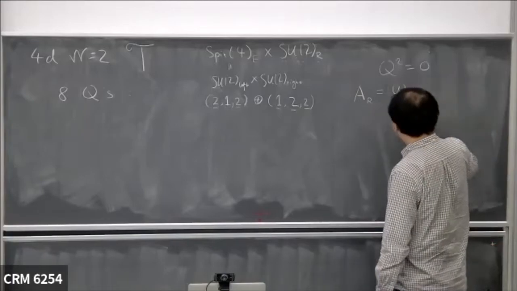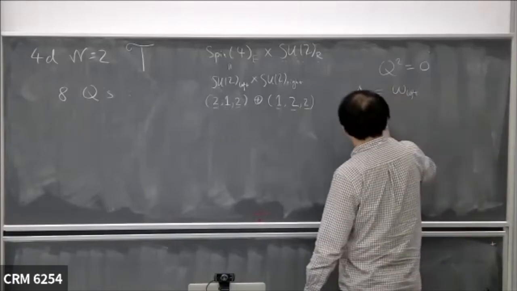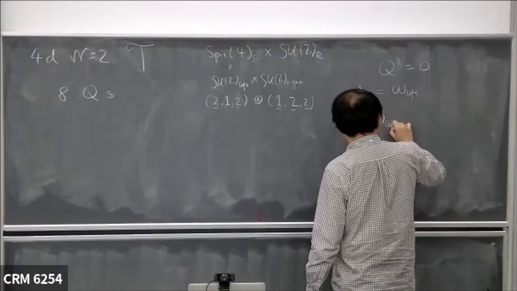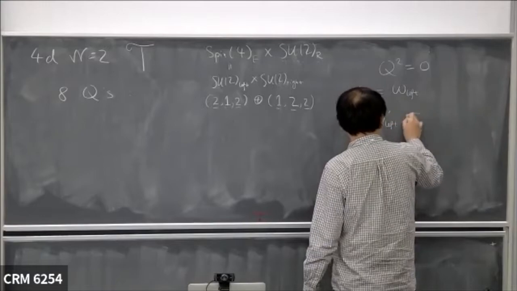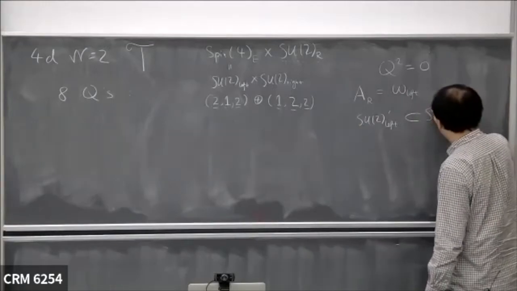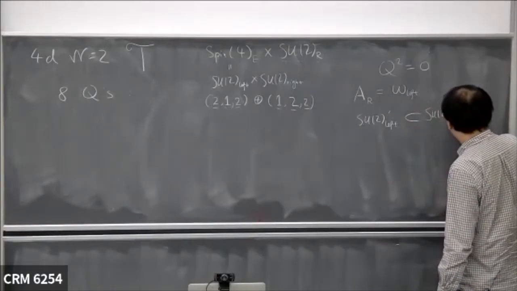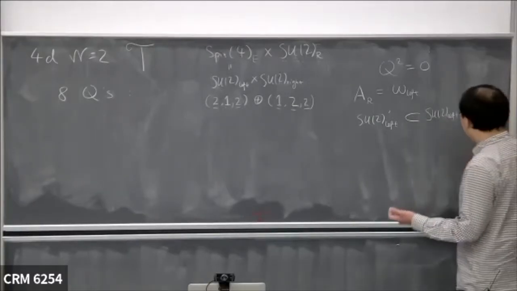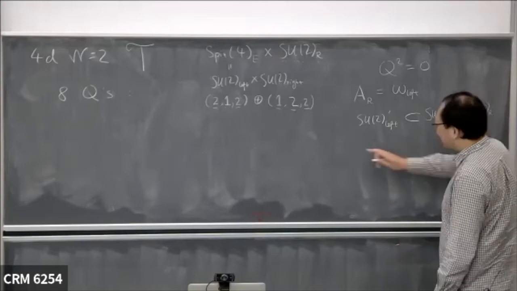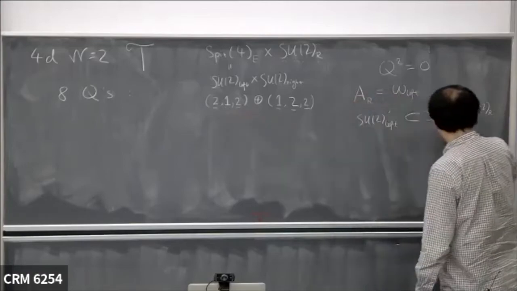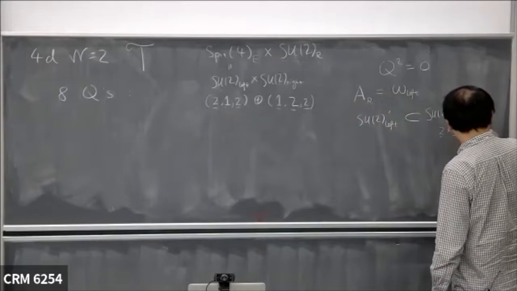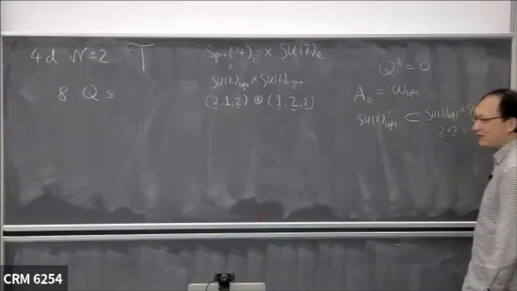So if you do this, then basically what you are doing is taking a subgroup SU2 left prime as the diagonal subgroup of SU2 left times SU2R. And then what happens is that this gives you 2 times 2 equals 1 plus 3, our familiar decomposition.